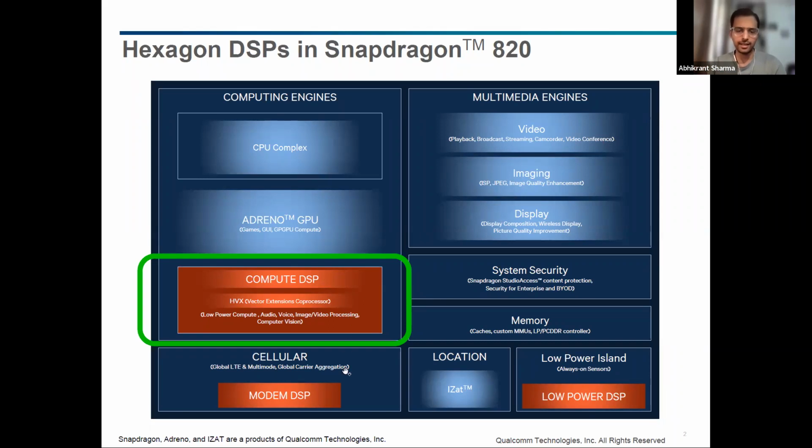So the idea is that since the bus bandwidth is not good enough for the DSP to handle both the applications, the modem processing is segregated out and kept separate, so that the high priority calls can be routed to the modem DSP, and the multimedia to the compute DSP. And mind you, even though both of these might sound very simple, there is a lot of computation that goes into modem processing as well as multimedia processing.